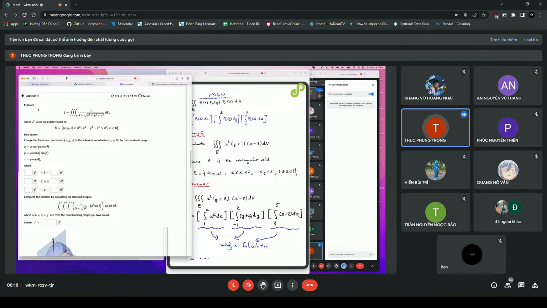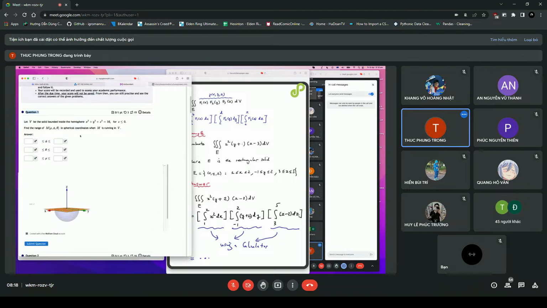Questions 3 and 4 are like tutorial questions. The instructions you see right here in question 3 or 4 are exactly what we have been discussing so far. Nothing new right here, so you don't need these instructions. All right, so now we have a break, and you can try to find the answers to these questions.